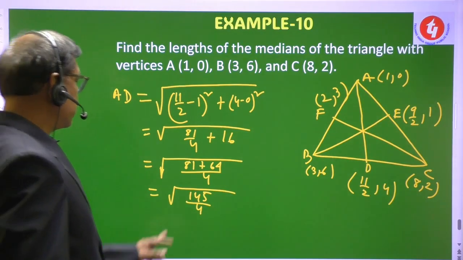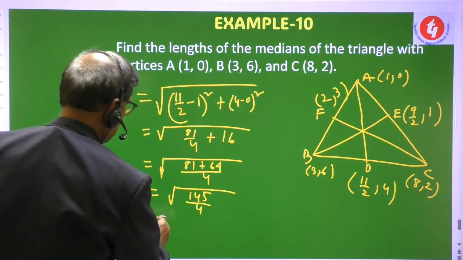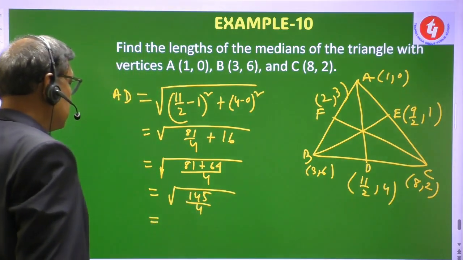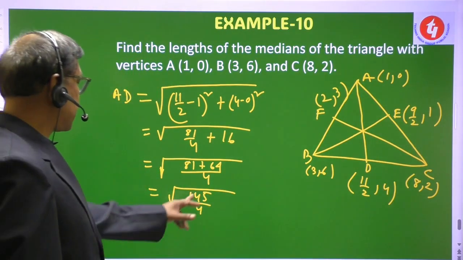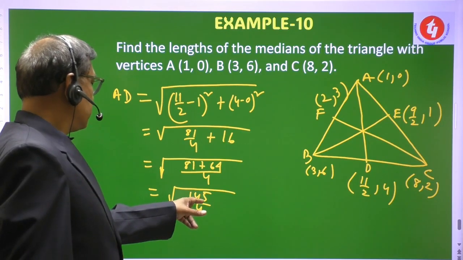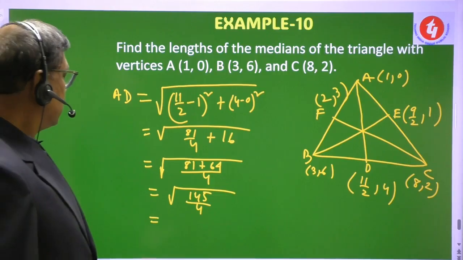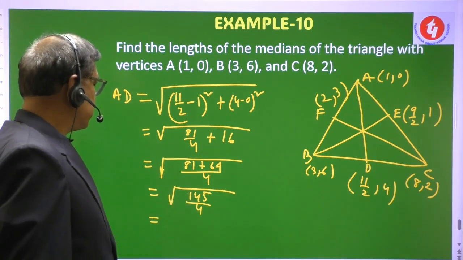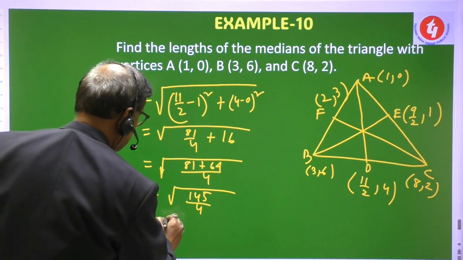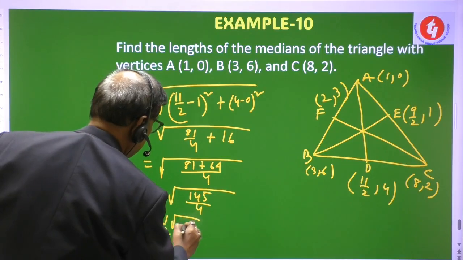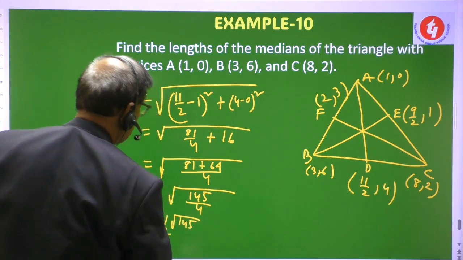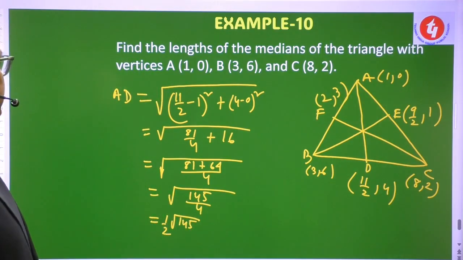Now root over 145 by 4, simplification. How much? 4 is cancelled by 2, that is 29 into 5, but not a perfect square. That means we can leave the answer like this, half of root over of 145. This is the length of median AD.